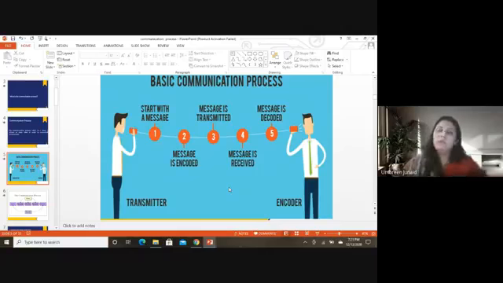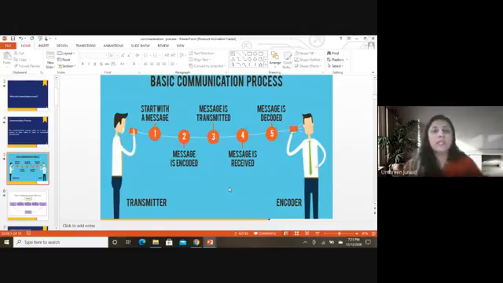If you're making a presentation, by the way, having made the presentation is in the process of encoding. So now when the message is transmitted, that means the presentation is going on right now, then it comes under transmission, means it is being transmitted. So the third stage is that the message is transmitted.